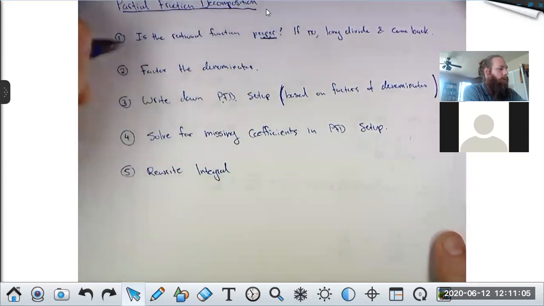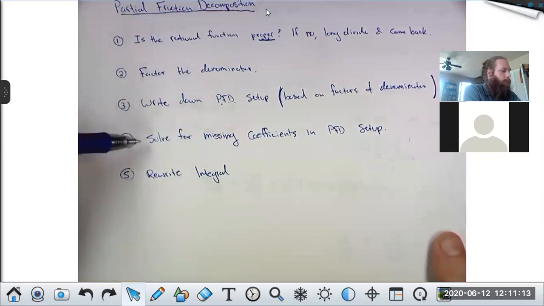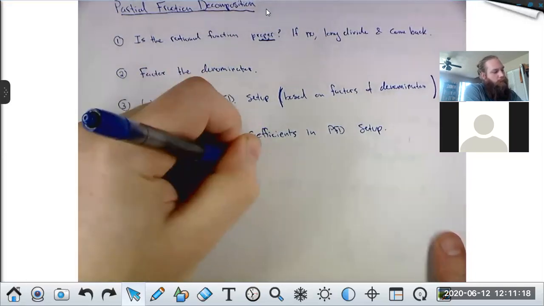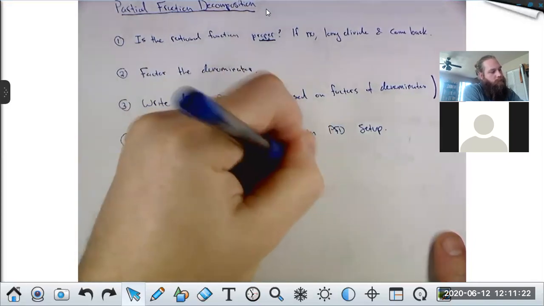So all of this is going to be done outside of the integral. We don't touch the integral at all in steps 1 through 4. Once we've completed the PFD, meaning we solve for the missing coefficients in the PFD setup, you'll rewrite your integral and calculate the antiderivatives.